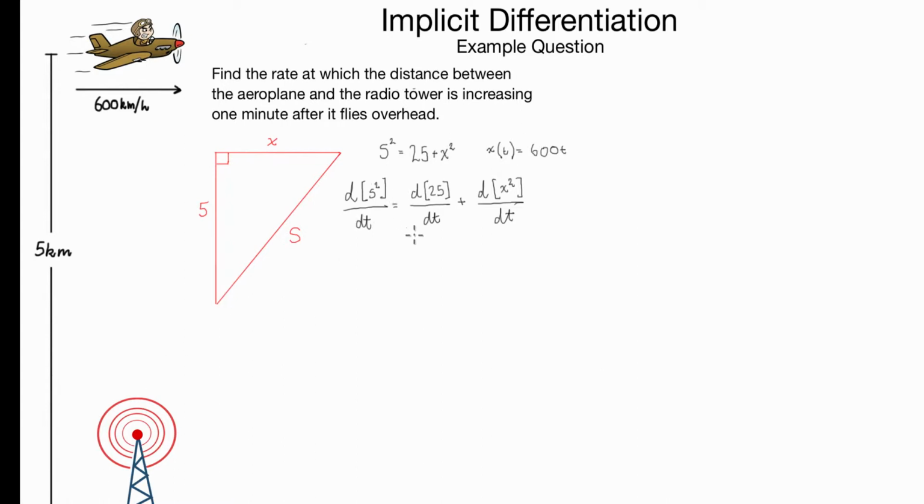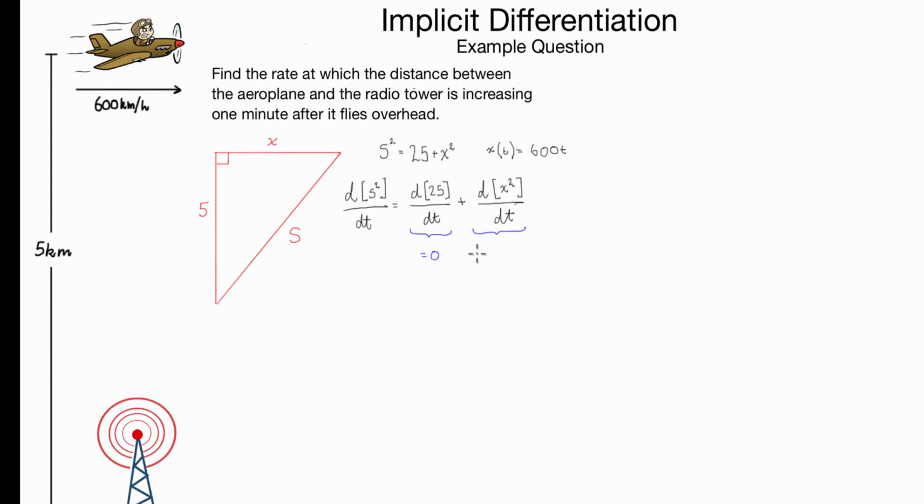Now it's pretty obvious that this middle term, if we're going to try and find a rate of change of a constant number with respect to anything, that's just going to be equal to 0. Now for this term here, to find out what d x squared is in terms of time, this is where we employ the chain rule.